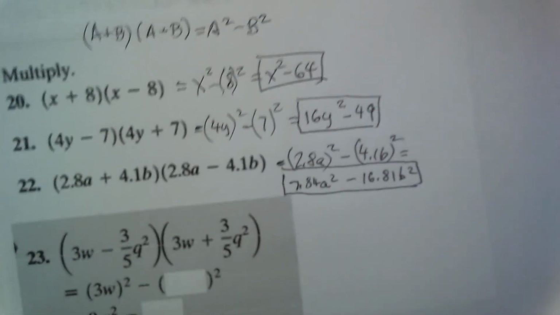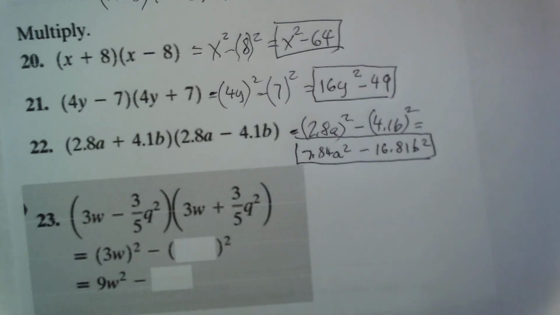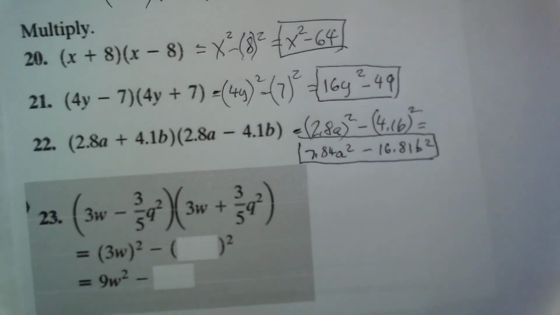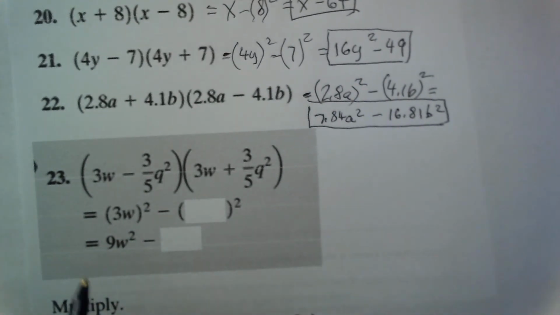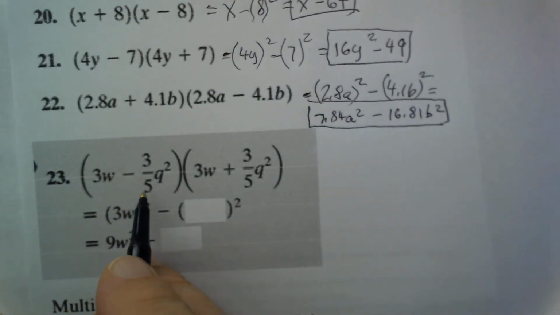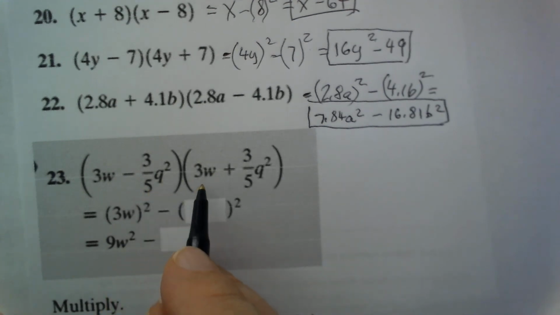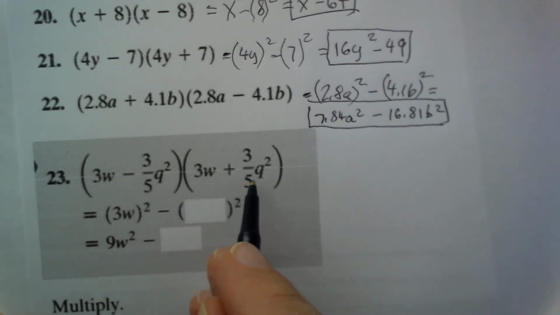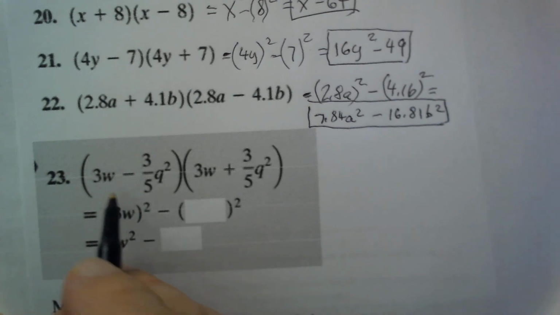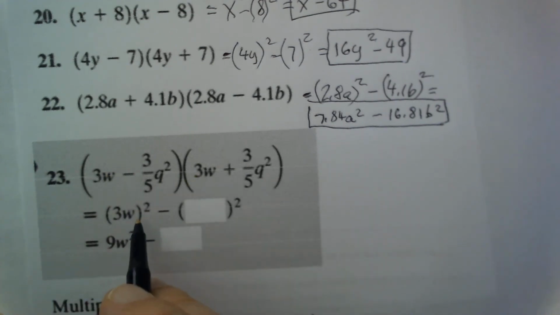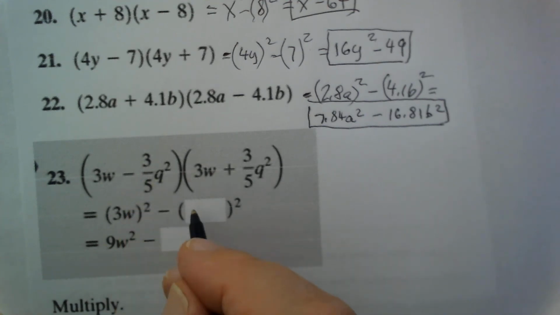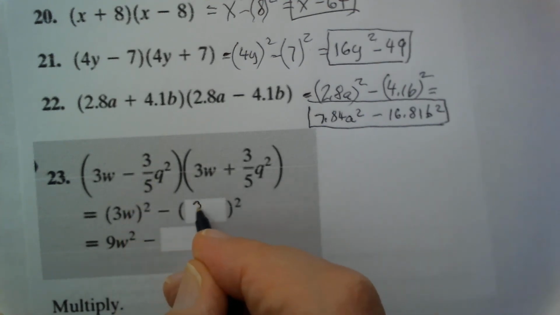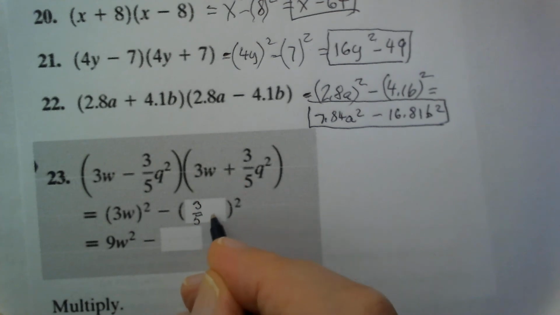So here's a guided solution problem. And so again, we're looking at the difference and the sum of two terms, 3w minus 3/5 q squared times 3w plus 3/5 q squared. So it means we square the 3w and we square 3/5 q squared.